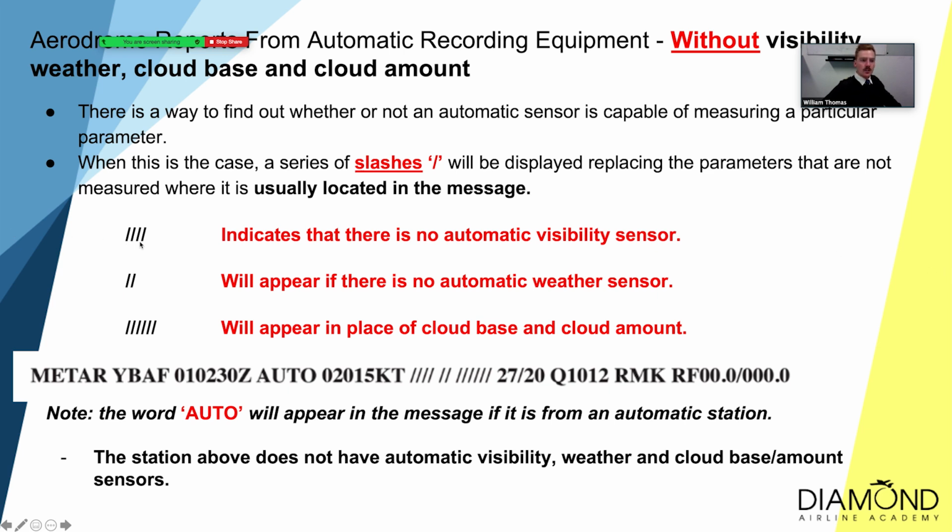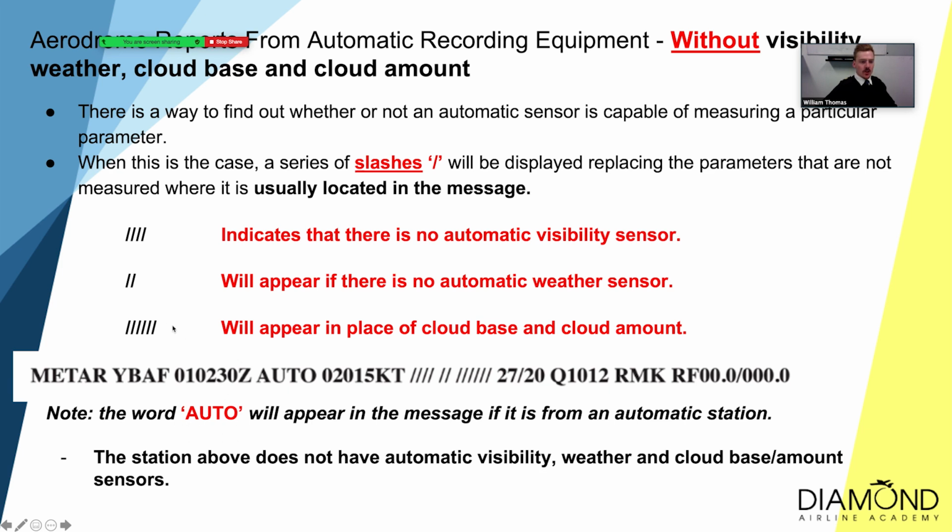So 4 slashes indicates that there's no automatic visibility sensor. 2 slashes, no automatic weather sensor. 6 slashes will appear if there is no cloud base or cloud amount sensor available at this automatic station. We'll also see the word AUTO appear in our METAR.